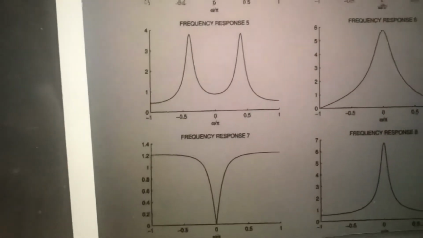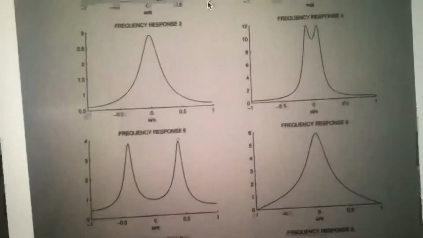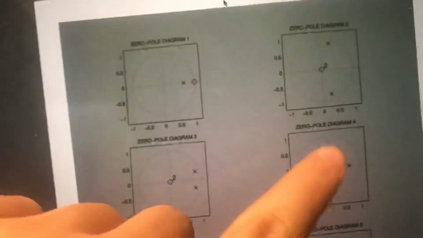So we have F6 corresponds to Z4, and F7 corresponds to Z1, and that's it.